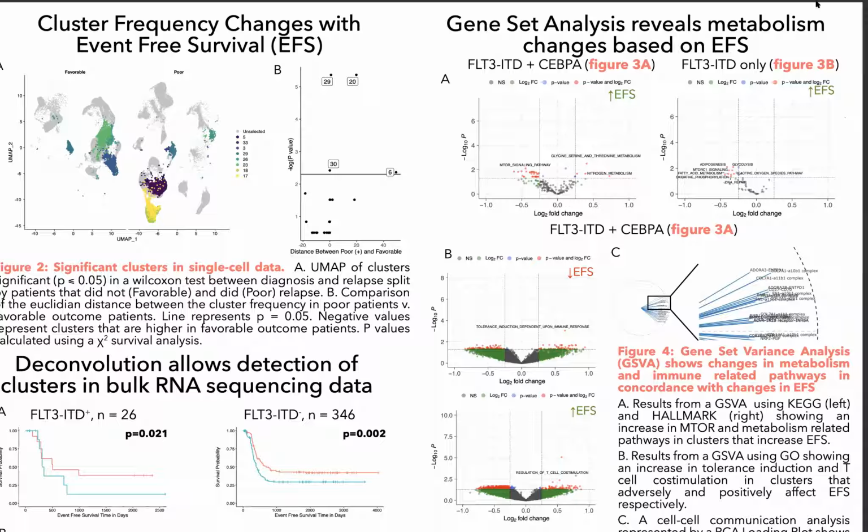And in a separate cluster that also increases event-free survival, however, this cluster was done in the FLT3-ITD only clustering, so the second survival analysis that I showed, you see mTORC1 signaling is decreased, and you also see adipogenesis, glycolysis, fatty acid metabolism, oxidative phosphorylation, and reactive oxygen pathways are all decreased.